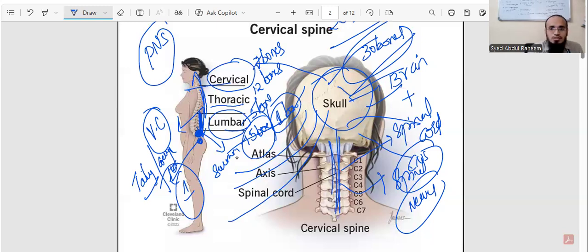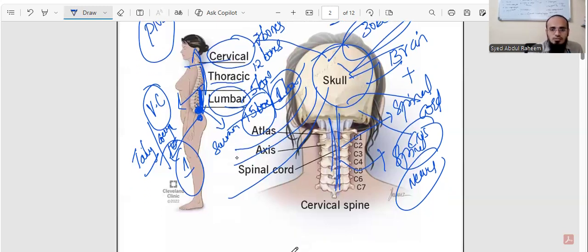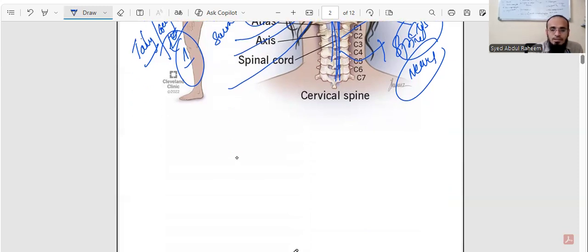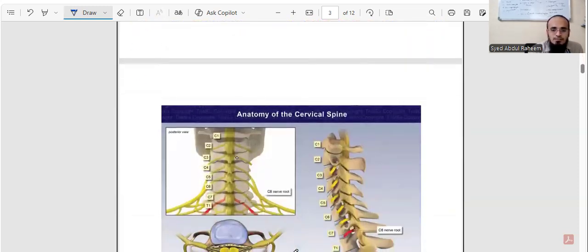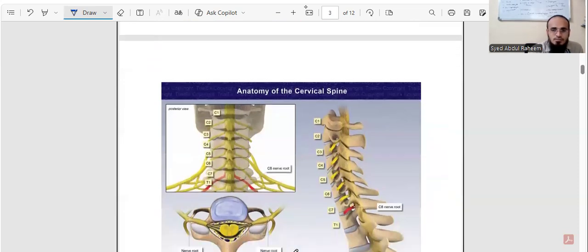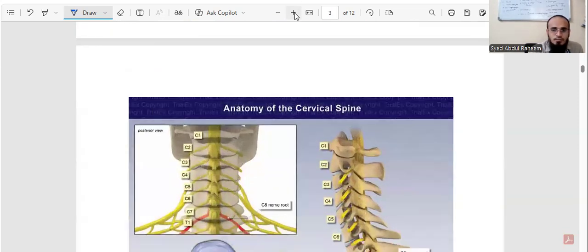So this is about the basics of the spine. If you come to the part of the spine, in the cervical spine, this is the cervical region.